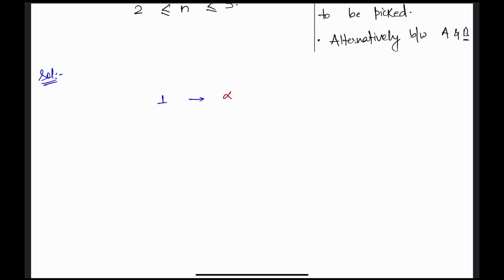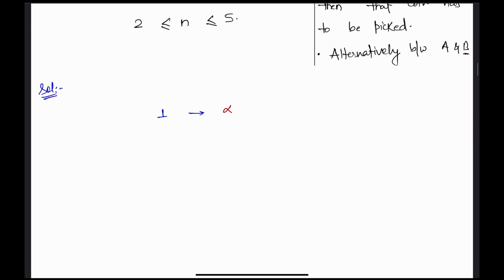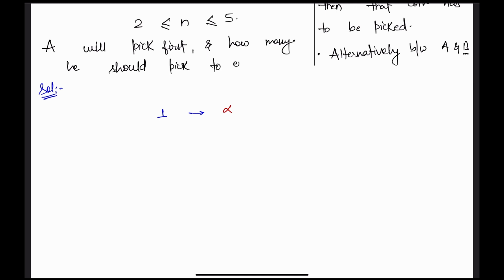If one coin is there, and again the same condition, that A will pick first, how many should he pick to ensure his win? Considering one thing, that they both are smart. It's not like one person is dumb and will make a mistake. No one is going to make a mistake; both are playing nicely.